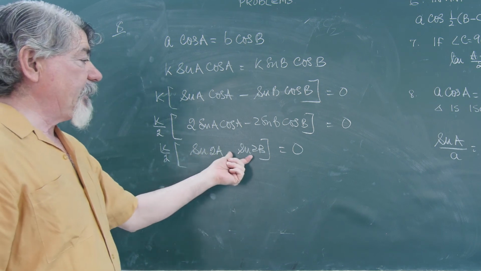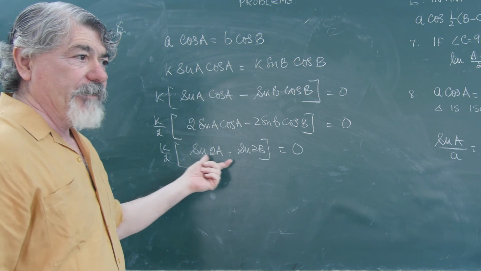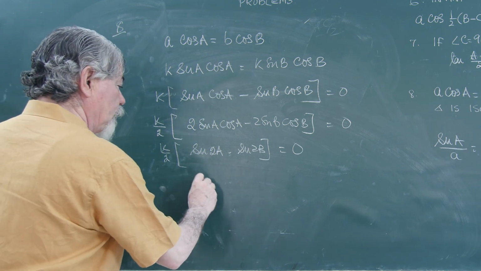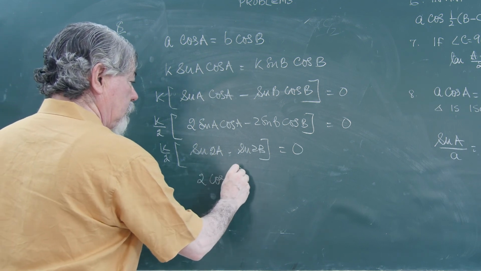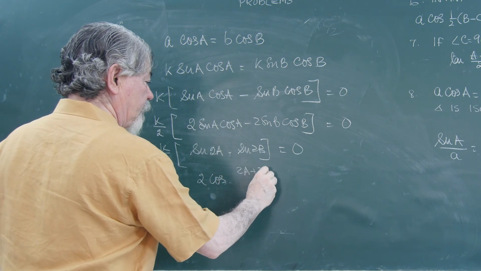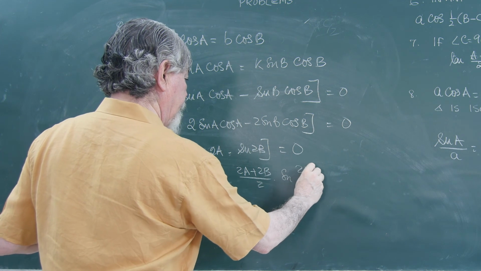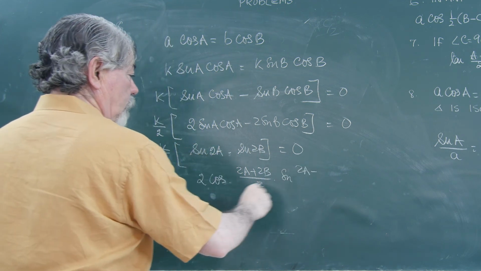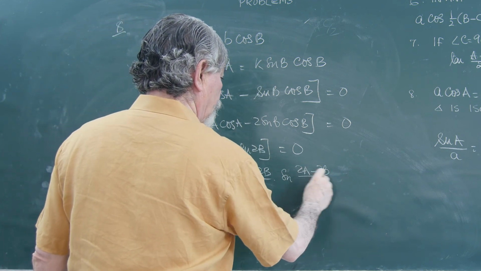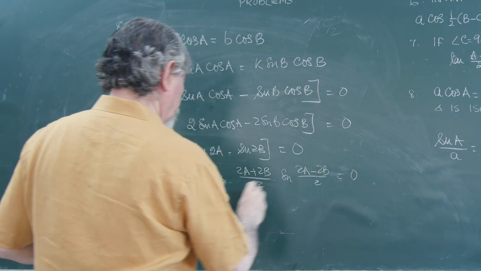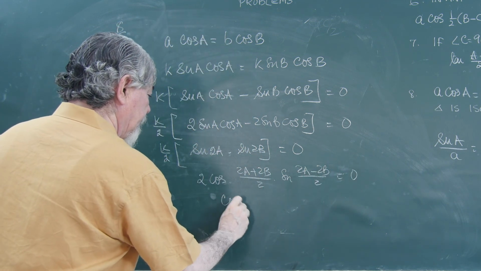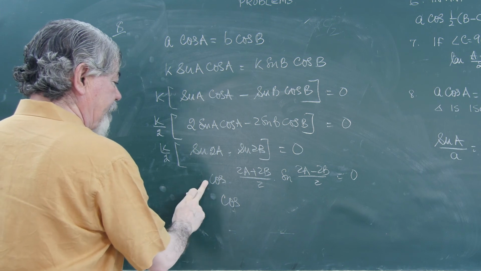Now sin 2A minus sin 2B, sin C minus sin D, that is 2 cos of (2A plus 2B) upon 2 and sin of (2A minus 2B) upon 2 is equal to 0. That means the 2 will cancel, only k will remain.